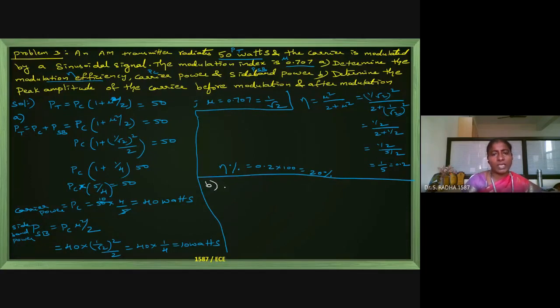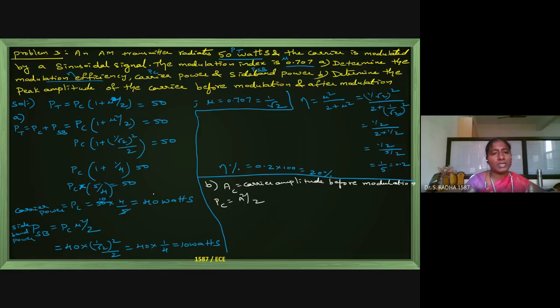The carrier amplitude before modulation is AC, and carrier power is AC square by 2.